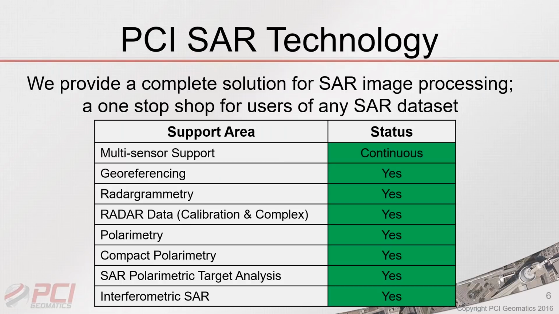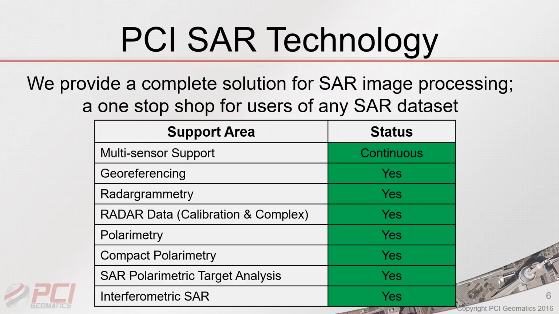One of the key things with our latest technology is that we have added support for multiple areas within SAR. One of the key things is adding support for different sensors. There are more and more missions being launched and more data being distributed and made available, so we continually add sensor support over time.